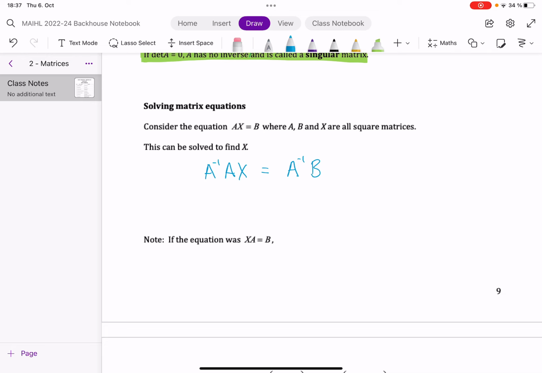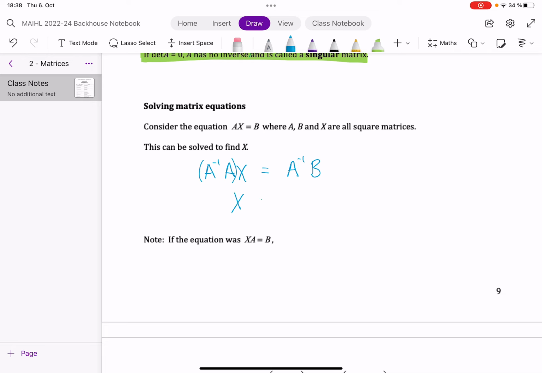And the reason we do that is because those two together make the identity matrix. You'll notice I applied this to the front of AX, so I apply it to the front of B because the order is important. I have the choice of multiplying to the end of the matrix or the beginning, and so I have to make sure I do the same to both sides. So these two make the identity matrix.